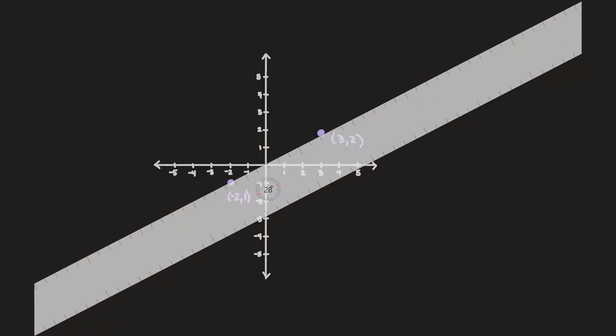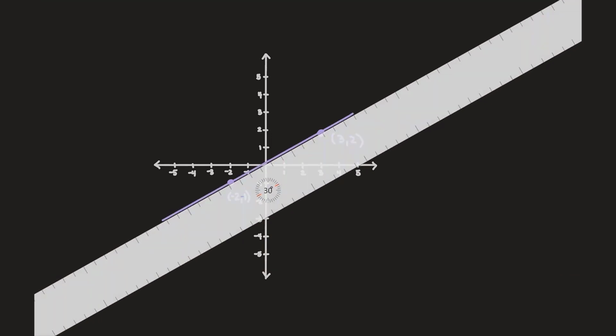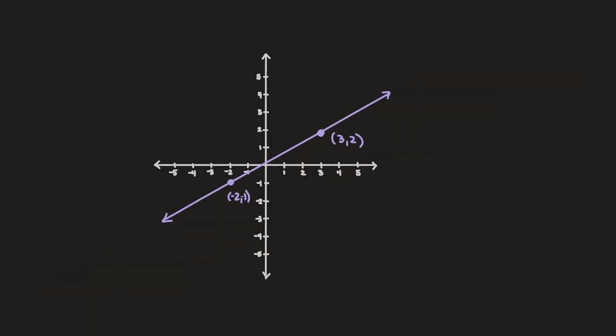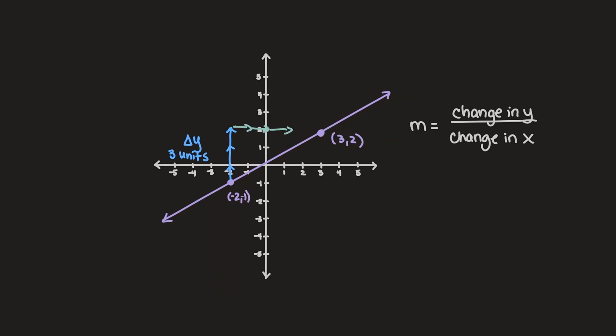If we have a line going through points (-2, -1) and (3, 2), to measure the slope m, we need to find the change in y over the change in x. We measure the vertical change from point to point, which is 3 units up, and then the horizontal change, which is 5 units to the right.